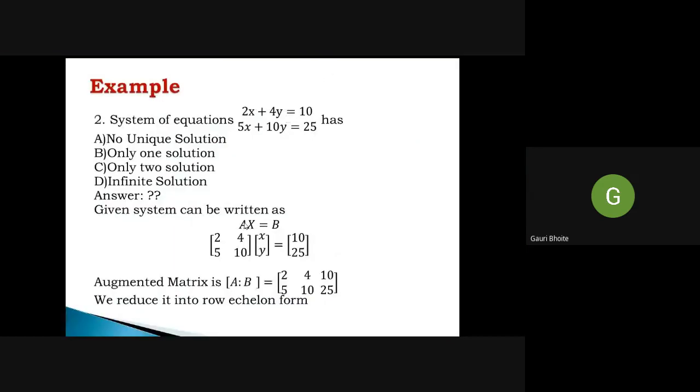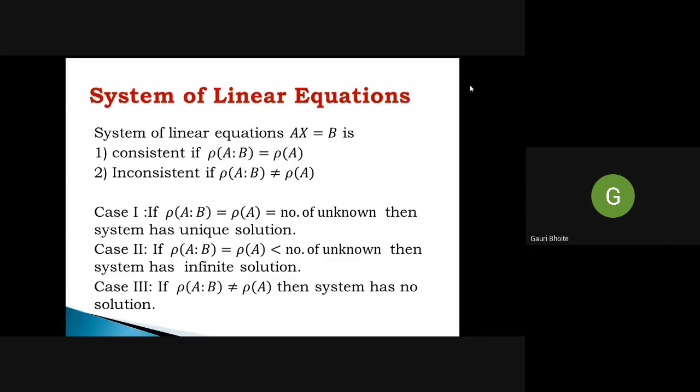I represent this as the coefficient matrix 2, 4; 5, 10, times x, y, equal to 10, 25 on the RHS. So every system of linear equations can be represented in matrix form Ax equals B.